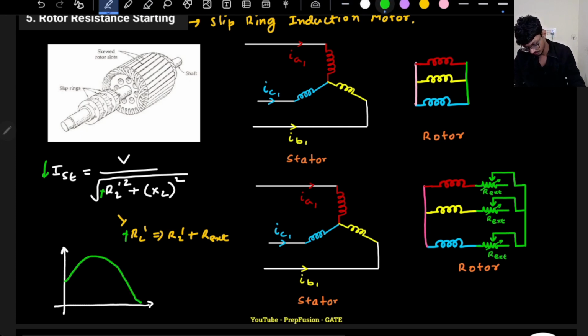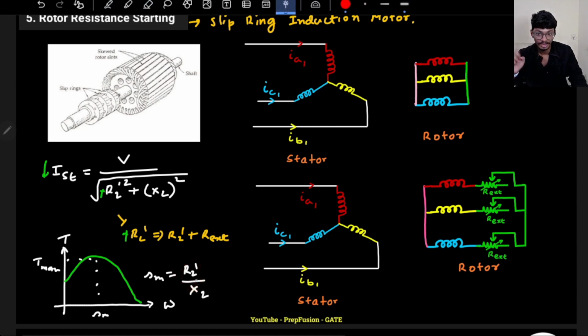I had a maximum torque here, and do you remember the slip at which the maximum torque occurs? What was the formula for that? We discussed this, I think in the previous to previous lecture. So slip SM is equal to R2 dash by X2, right? So if I'm changing my R2 dash, then the point at which the maximum torque occurs is also changing. So just be careful regarding that.